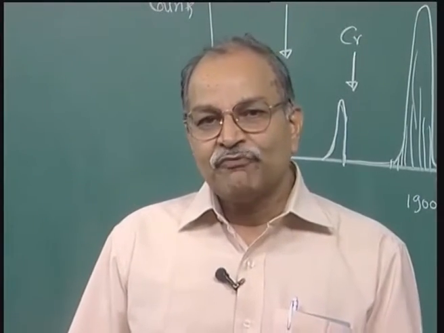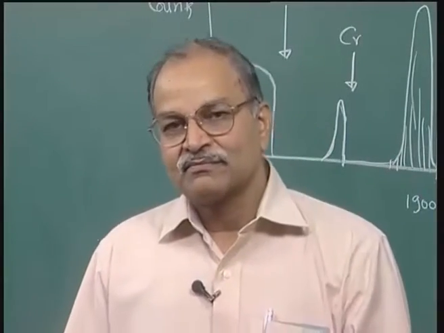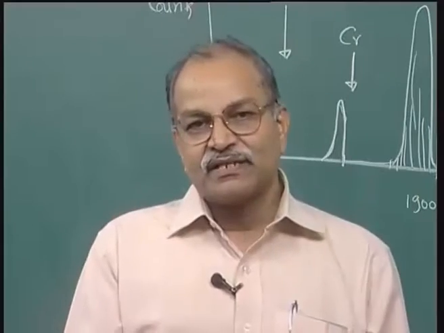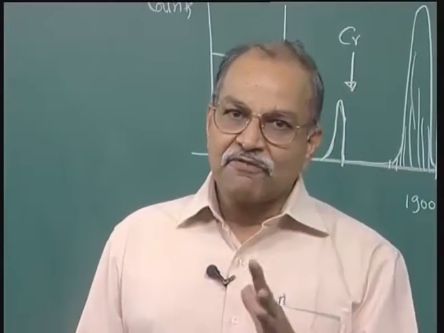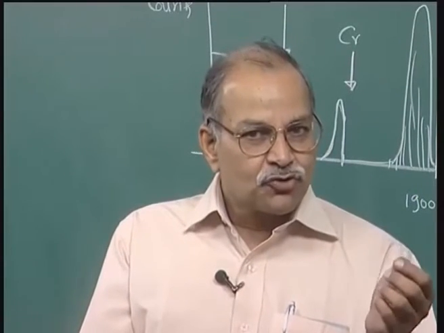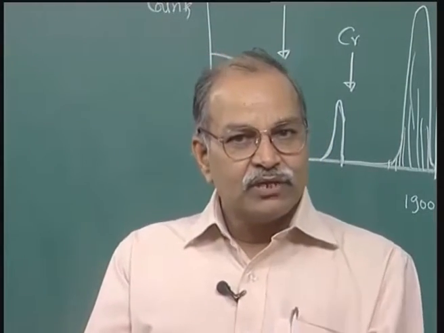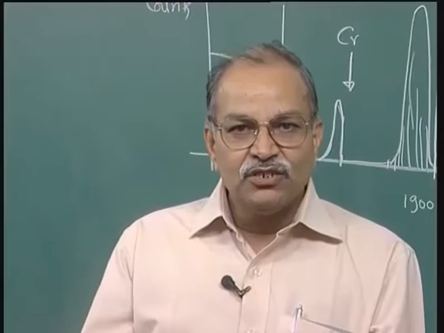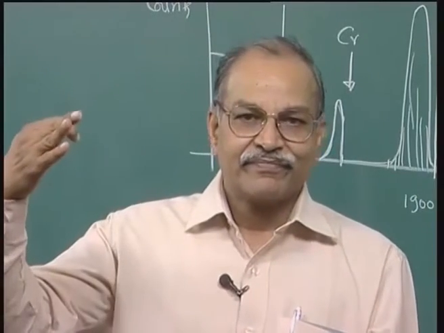What we do, we put this sample in a neutron flux, generally with reactors, where you have lots of neutrons produced. So, in the neutron flux this material is placed and a neutron gets absorbed into this nucleus, and this new isotope is in some excited state.